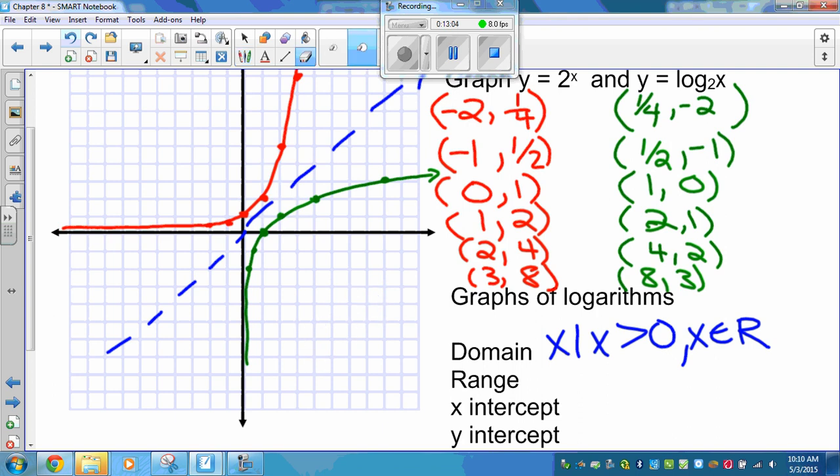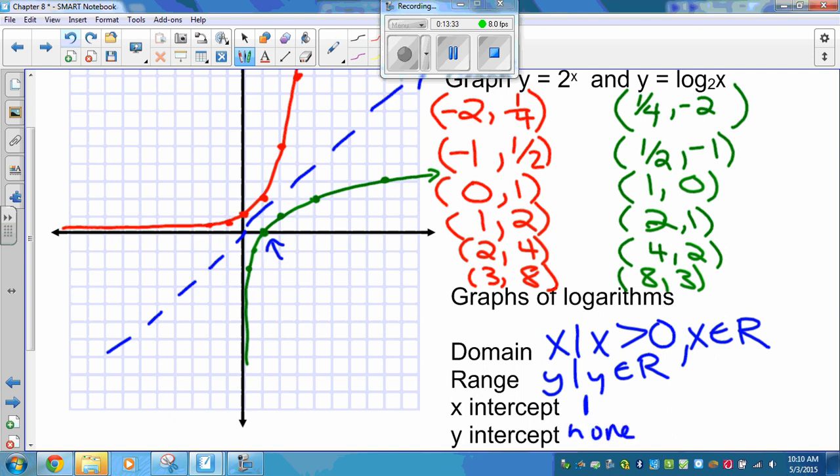Okay, the range. So let's talk about y values here. It looks like, if this graph went on continuously, I could have any value of y. So y such that y is a member of the reals. The x-intercept. So it crosses the x-axis right here, and that happens at 1. The y-intercept, there is none.